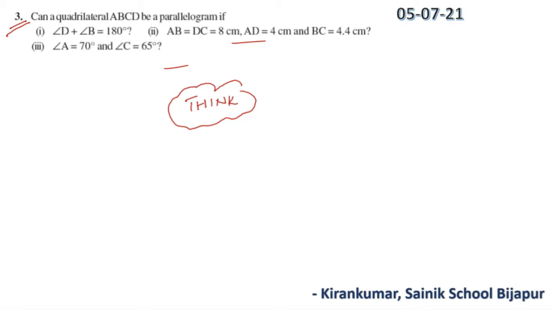Hope you must have thought about the answer. Can a quadrilateral ABCD become a parallelogram if angle D plus angle B is 180 degrees?